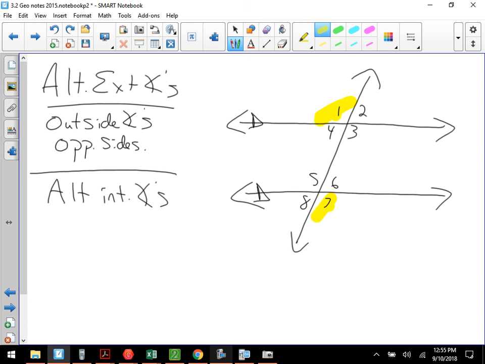For example, 4 and 6, and 3 and 5. So the alternate interior angles are inside, opposite side.